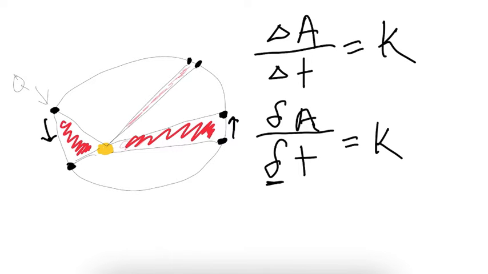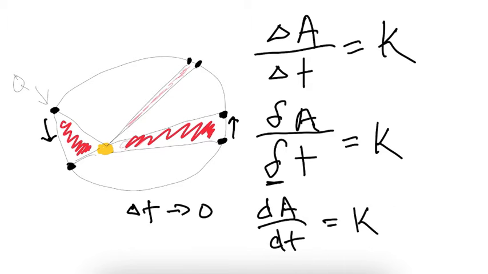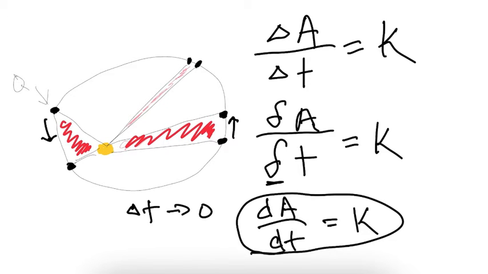And then in modern terminology, we would say as delta t approaches 0, dA over dt still equals k. And so this will be a modern shorthand way of stating Kepler's second law.